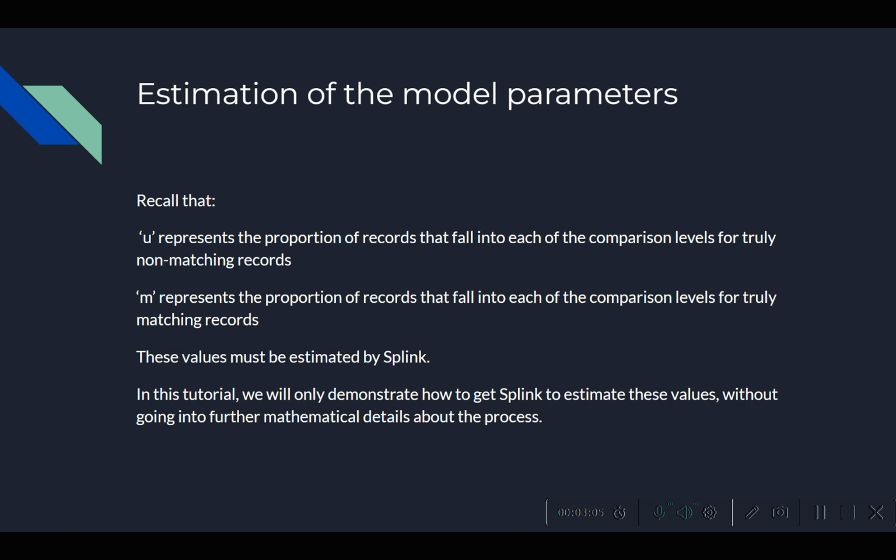Now we use Splink to estimate this. We won't go into depth now about how these algorithms work for estimating U and M. And there's also ways that you might estimate M and U yourself if you have some extra information about the data that's not contained inside the data set.